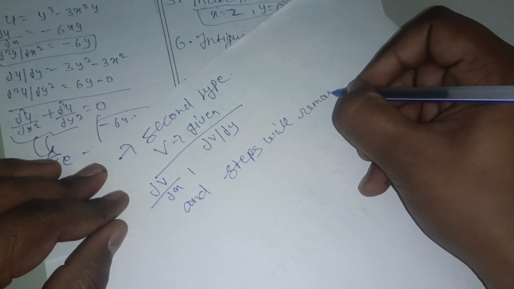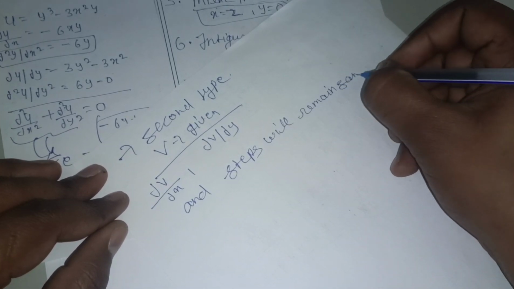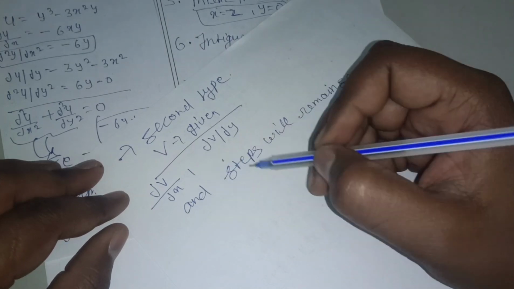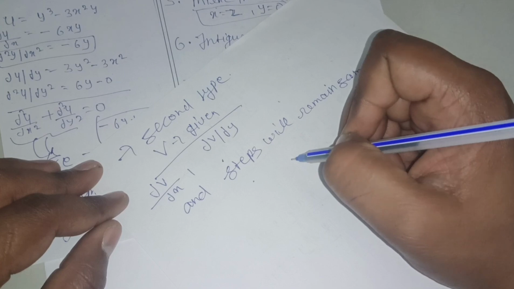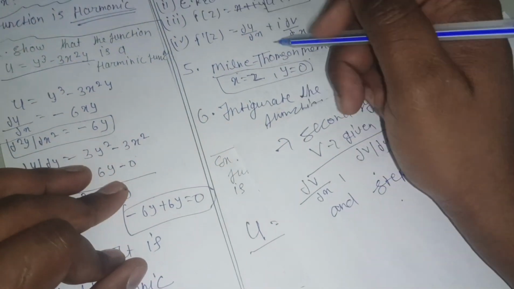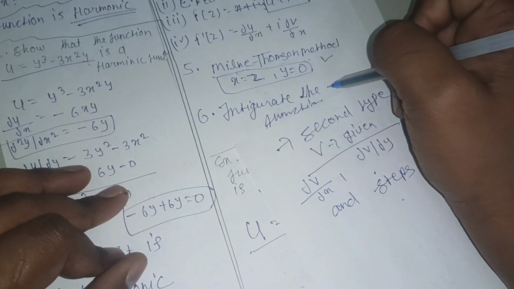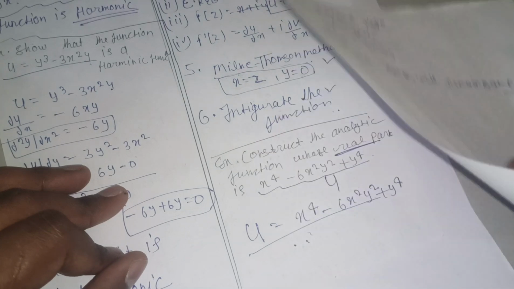What were all the steps? Firstly we will find these, then we will satisfy the CR equation so that we can find the other values, then we will differentiate, then we will apply the Milne-Thomson method, then we will integrate, and we will get the final answer.